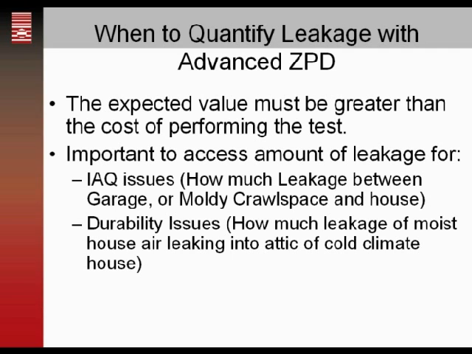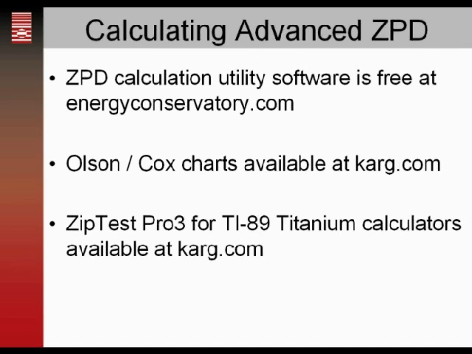If you have indoor air quality issues like we talked about with the garage or moldy crawl space, then it would make sense to do the zone pressure diagnostics, especially extreme examples. And durability issues for sure, if there's warm moist air leaking into a cold attic causing problems. So there's a few different ways of calculating the advanced zone pressure diagnostics.